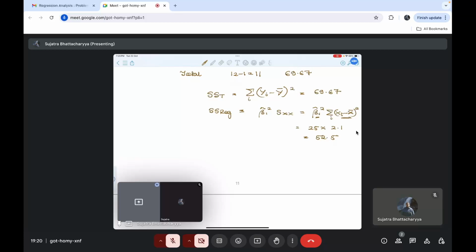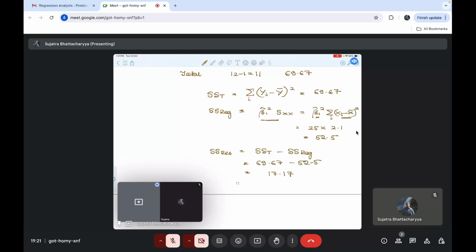And the last is the residual, which you can calculate from the formula SS total minus SS regression. So this is 69.67 minus 52.5. This comes out to be 17.17. Okay, so this is how you can do it, and it is easy to remember.